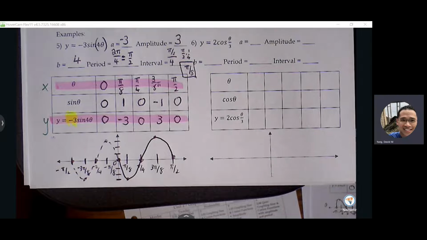And again, anytime I see a fraction, I always want to consider rewriting it, right? Sometimes if you rewrite it, it makes it easier to see that B value.